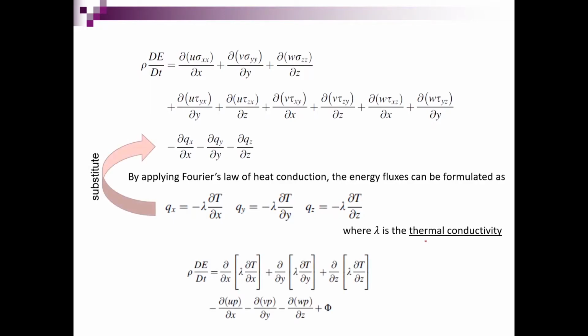Then by substituting all these fluxes into the energy conservation equation, we arrange it into different equations. The derivation is very long, so even in some books you need to refer to the appendix. For that, you can just skip it.